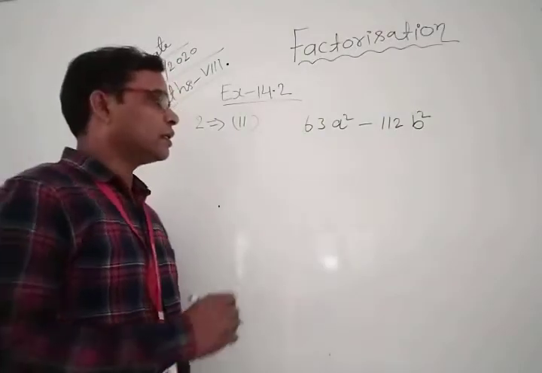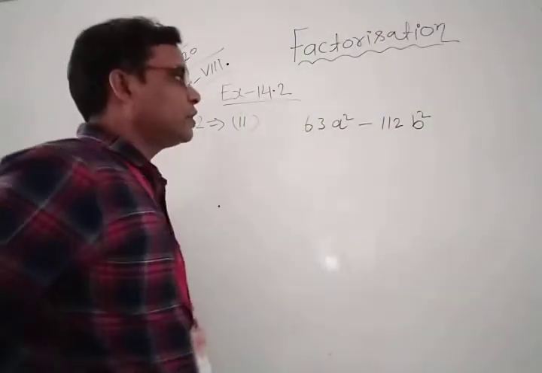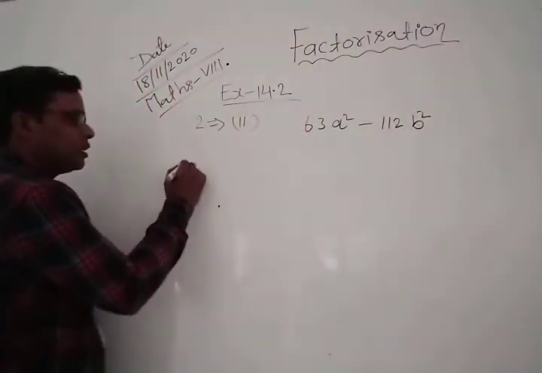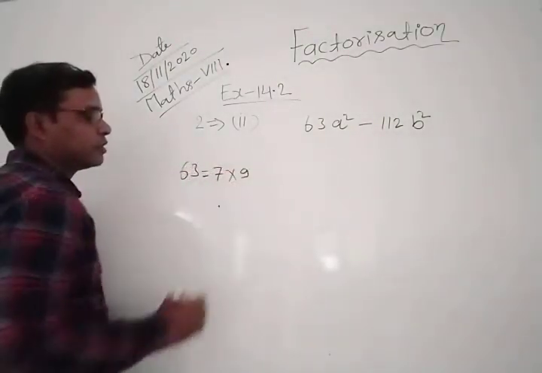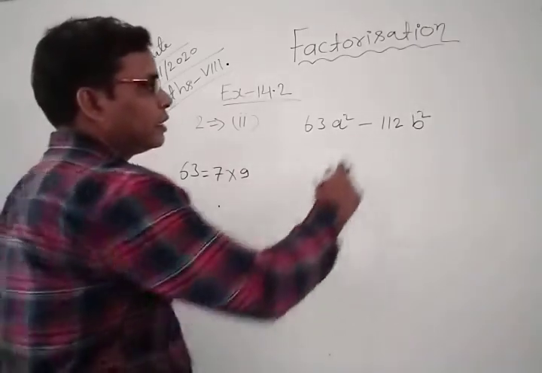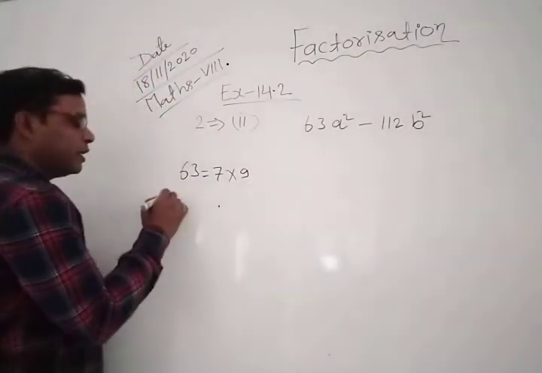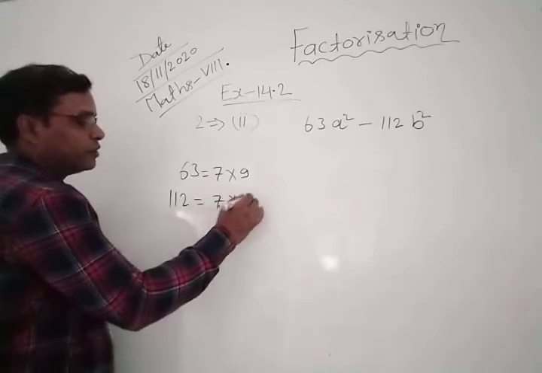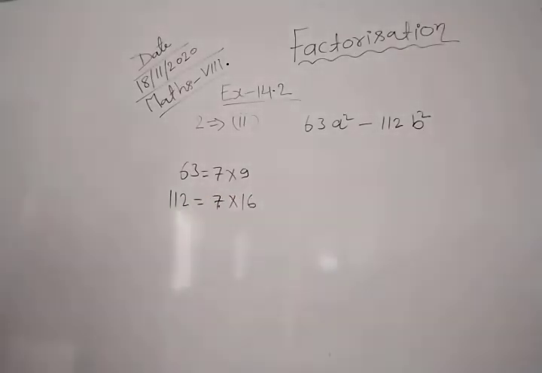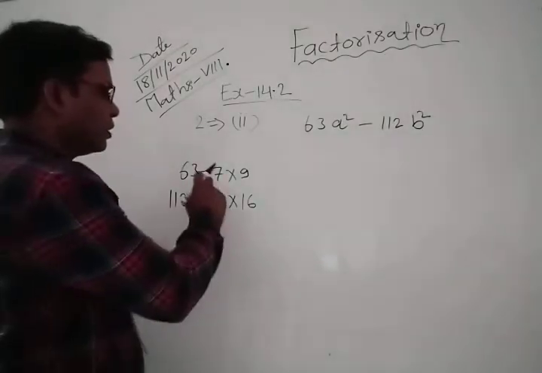In this question, 63 is equal to 7 into 9, and 112 is equal to what? 7 into 16. 7 nines are 63 and 7 sixteens are 112.